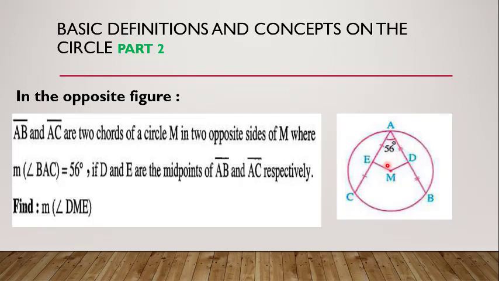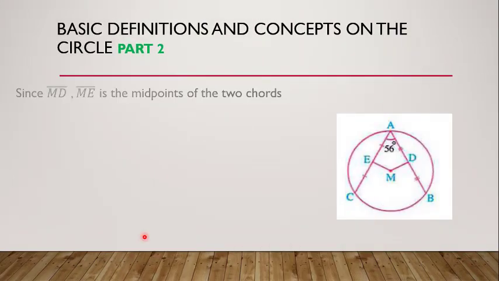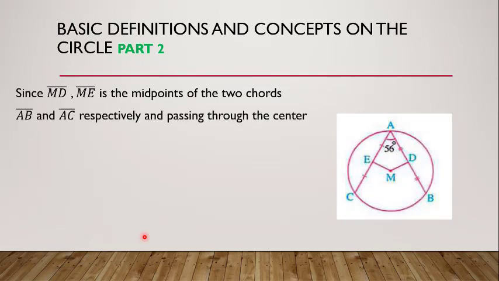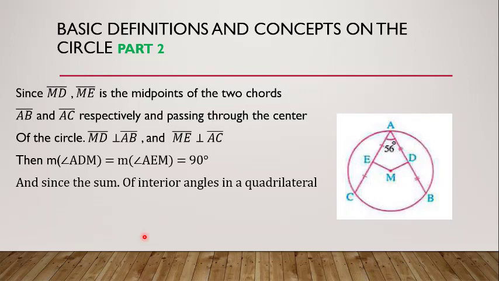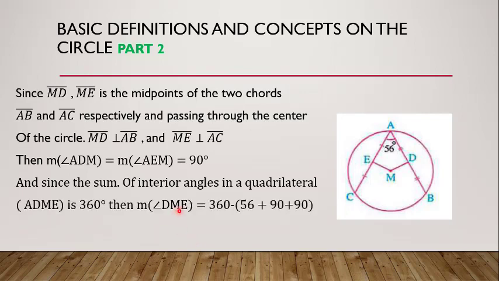It means that the measure of angle DME, which we want, is 360 minus 56 plus 90 plus 90. Okay, so 360 minus 236, this is 236, it will be 124.